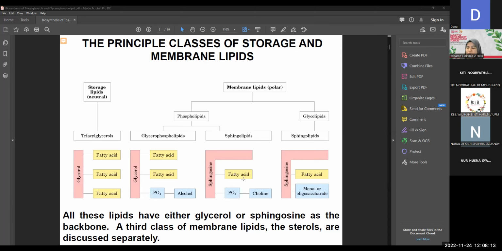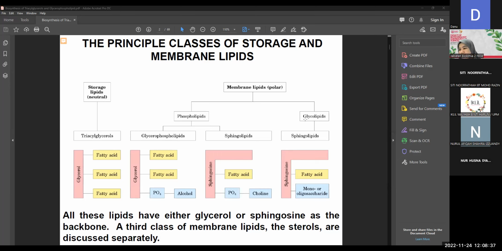Later we are going to discuss that there are 4 major groups that can attach to this phosphate group of sphingosine. We have choline, ethanolamine, inositol, and also serine. So there are 4 major groups that can attach to sphingosine to form sphingolipid.